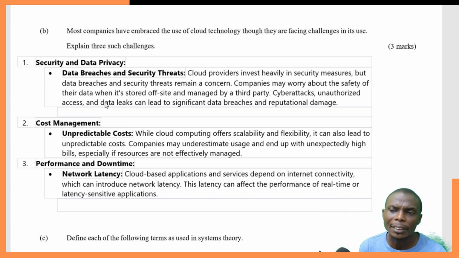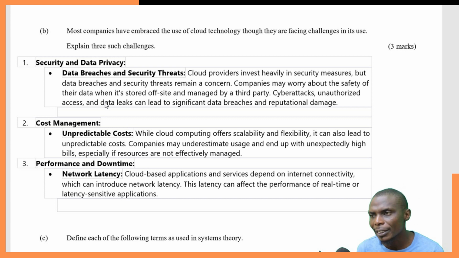So the first challenge is generally security and data privacy. There is great breach in data security and threat in security.